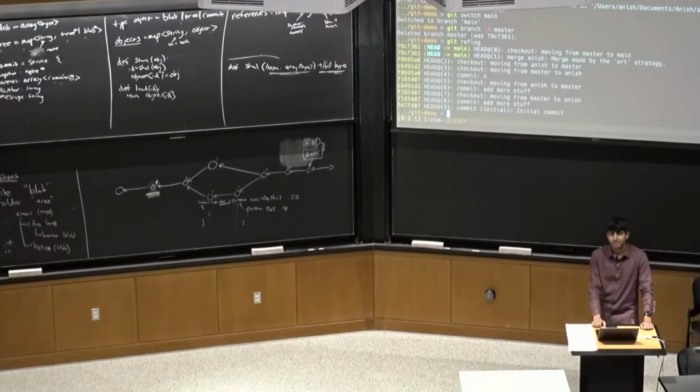Question? When you wrote git branch main, how did you specify what main should be pointing to? That's a good question. When I did git branch main, how did I specify what main should be pointing to? So without any additional arguments, main points to where I am currently, which is HEAD, and which is also the same as master in this case.